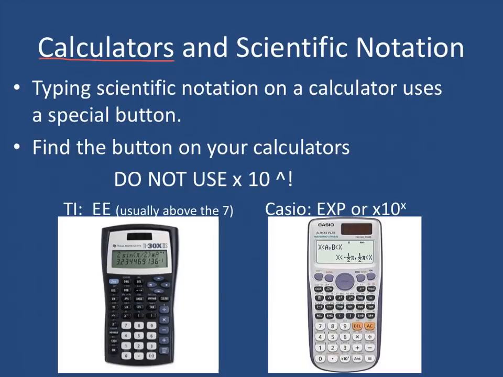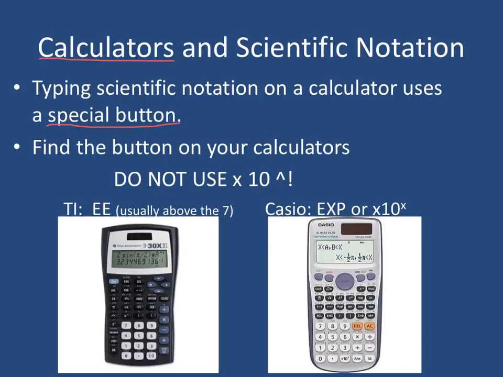One of our big numbers for this unit and for a couple other units down the line is a really, really large number in scientific notation. We need to know how to use scientific notation on the calculator, and we have to use a special button.